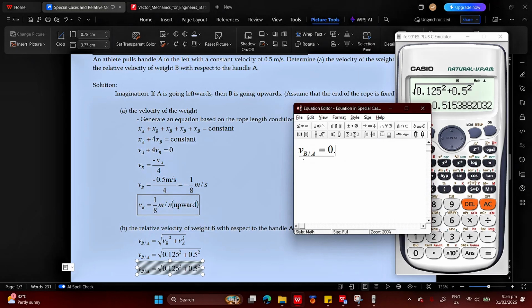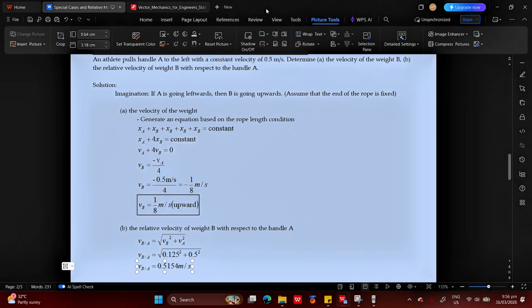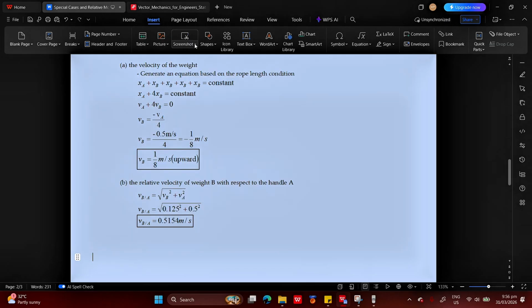Okay, so that is our relative velocity for leftward and upward.